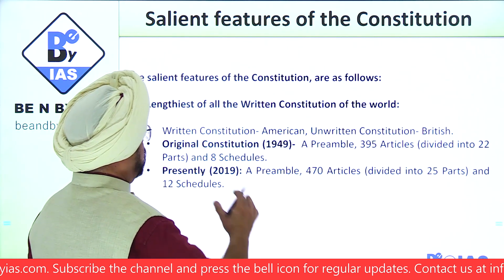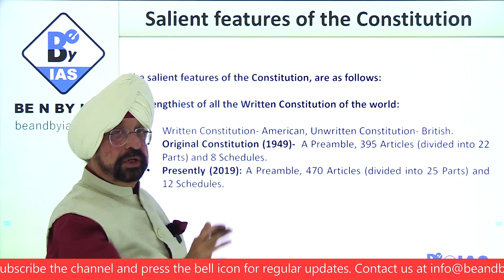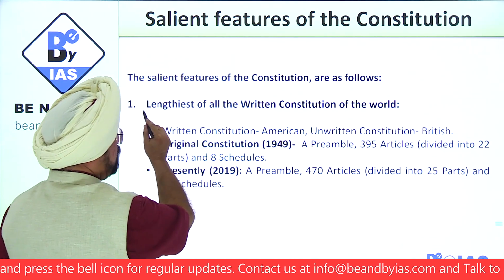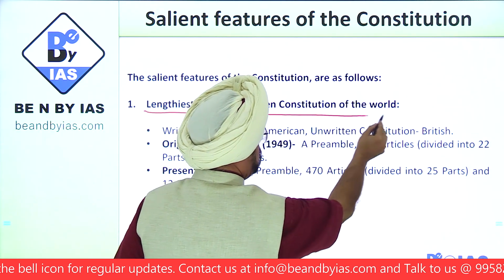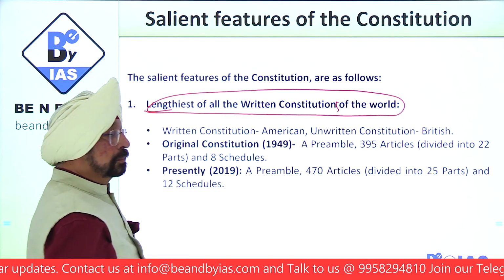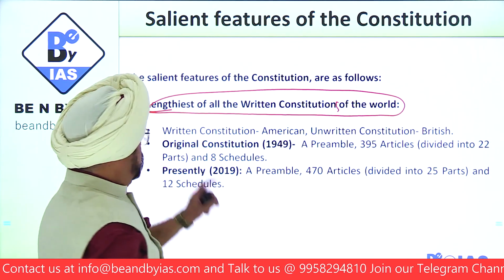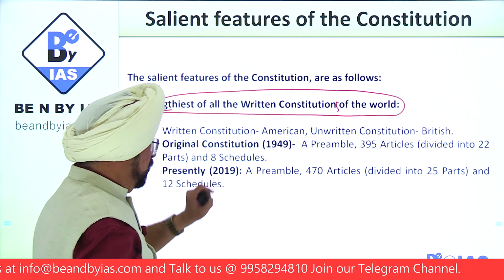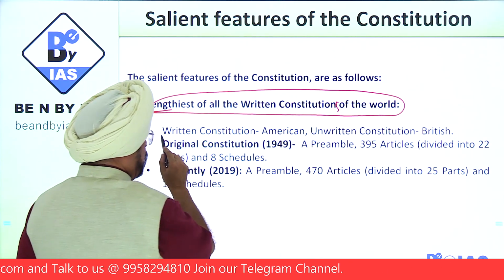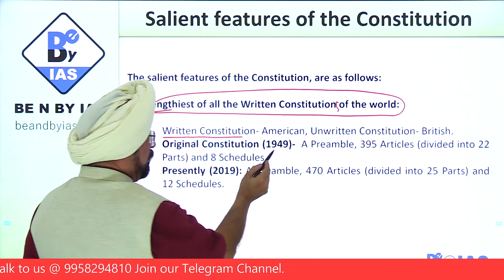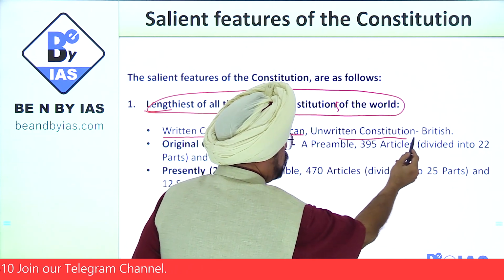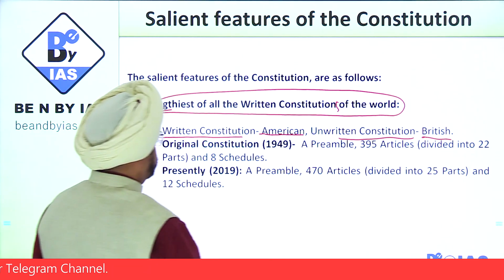Now, some of the salient features. Now we'll take the individual salient features. One is that it is the lengthiest of all the written constitutions of the world. It is the lengthiest written constitution. Now let us see once again: the written constitution is in the USA, and the unwritten constitution is in the UK.